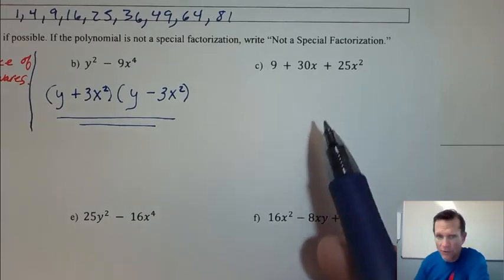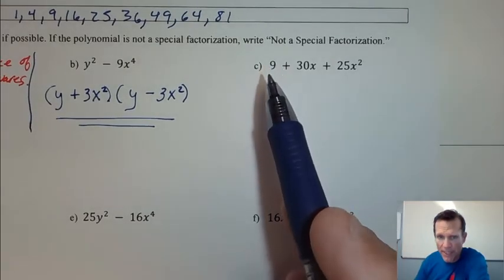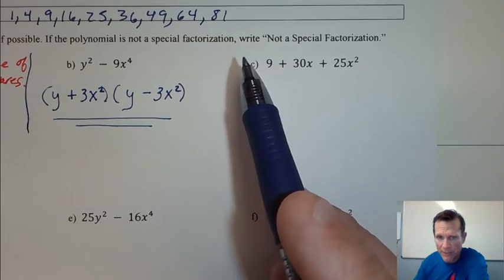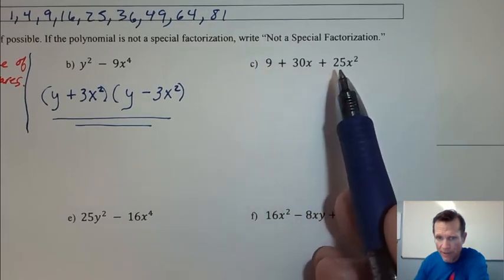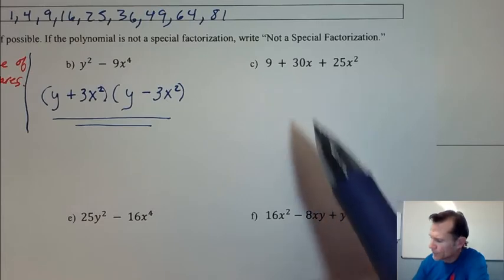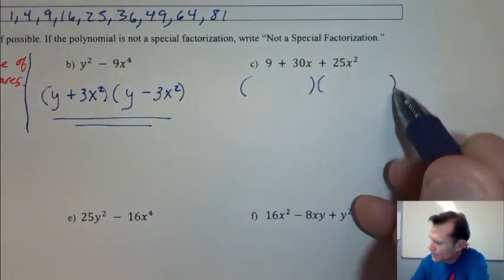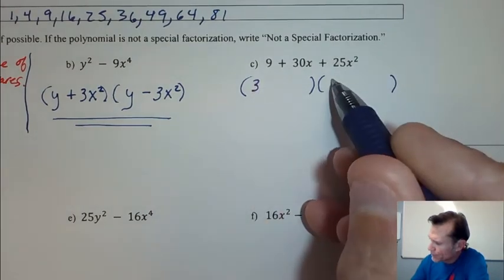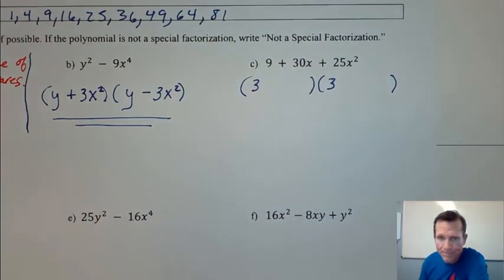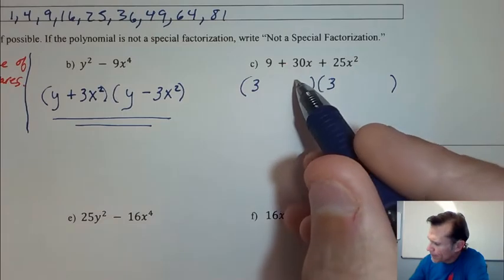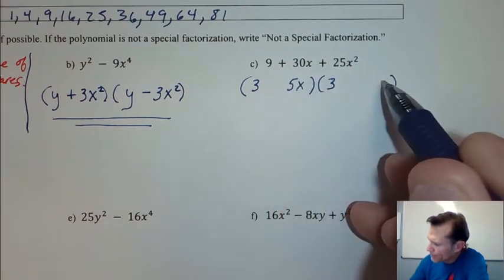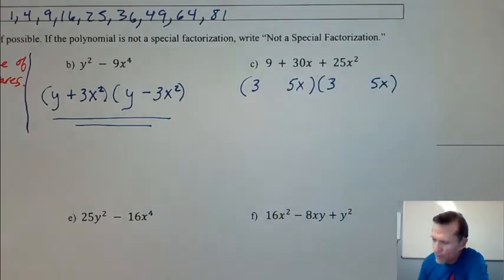We don't have the 2 terms, but we do notice that, hey, 9's a special number. It's 3 times 3, and 25 is a special number. It's 5 times 5. So I'm going to try to factor this. I'm going to use 3 and 3. That'll produce the 9. I'm going to use 5x and 5x because that'll produce the 25.